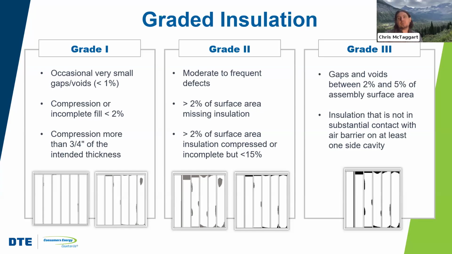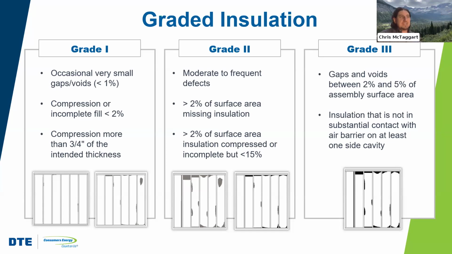Grade 2 might be more realistic for a lot of bat products. That's like what I'd consider to be a pretty good bat job would be a grade 2. It means that you have some defects, some missing insulation, but not very much. And then, there's some compression, but again, not substantial compression. Grade 3, lots more gaps and voids, but still not an overwhelming amount.